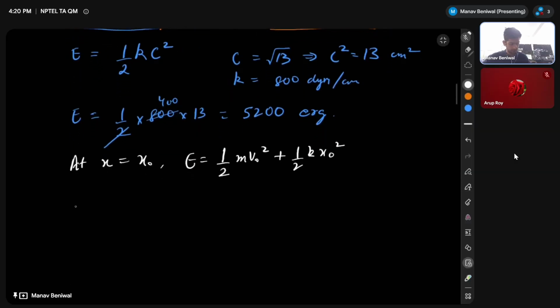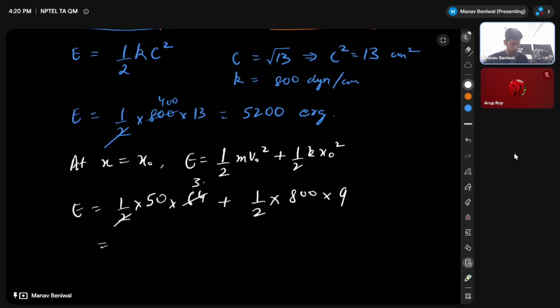So the mass was given to us as 50 grams. So this is 50, and v naught was given to us as 8 centimeters per second. So this becomes 64. And then we can add this k as 800, and x naught was given to us as 3. So this becomes 9. So this first term, let's cancel this out.